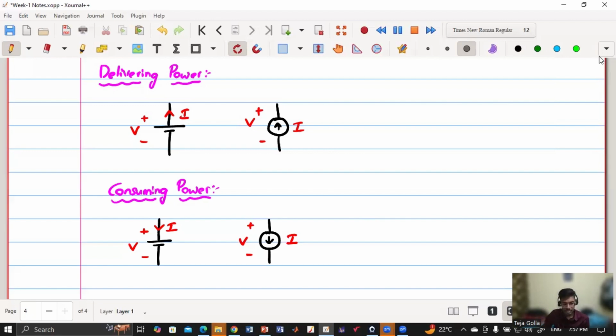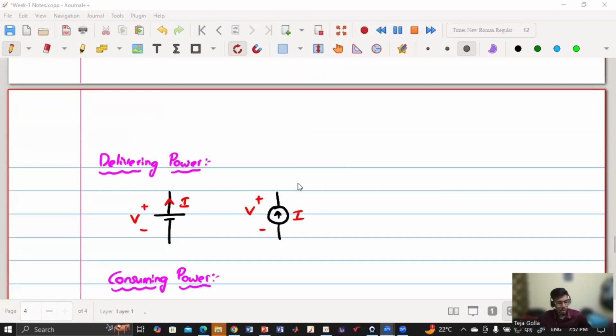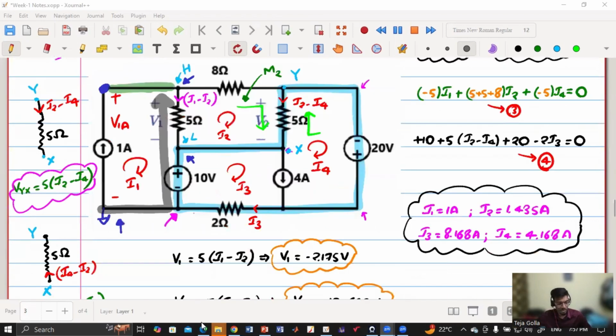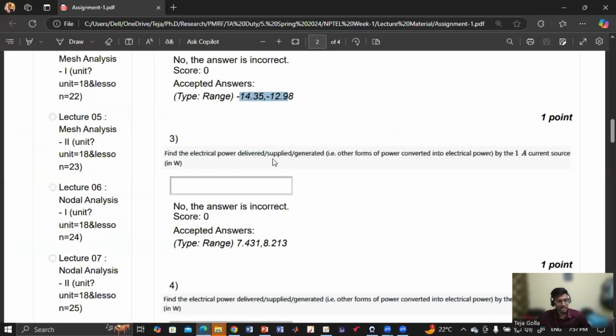So let us fix one of the conventions. Let us consider the voltage is positive always. If it is giving away current, it is delivering. If it is taking in the current, it is consuming. So in this case the voltage is positive and it is giving away current, which means it is delivering power. That's why they have asked delivered, supplied, or generated.